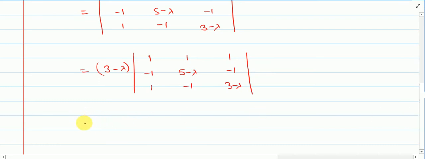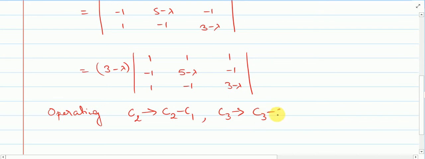So we can easily make 2 of them 0 and then we can expand. So operating C2 tends to C2 minus C1, C3 tends to C3 minus C1.